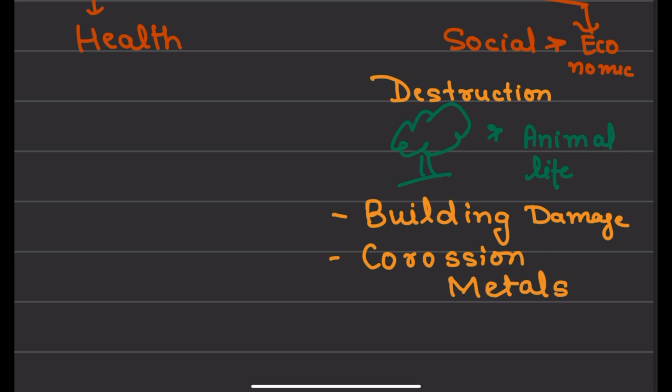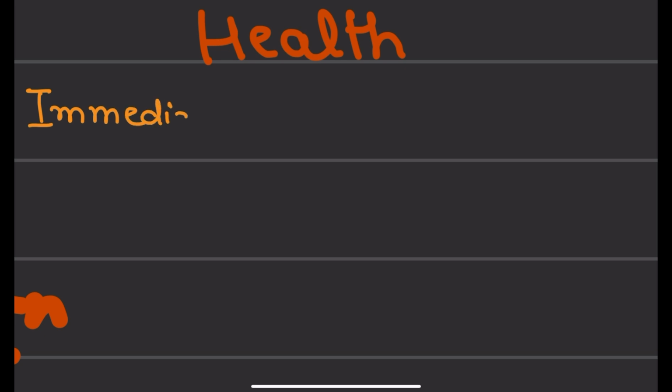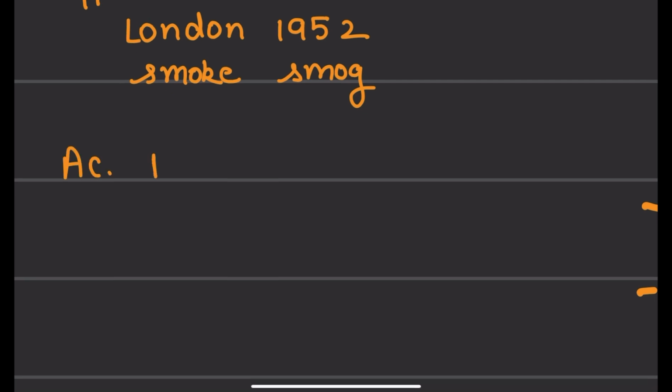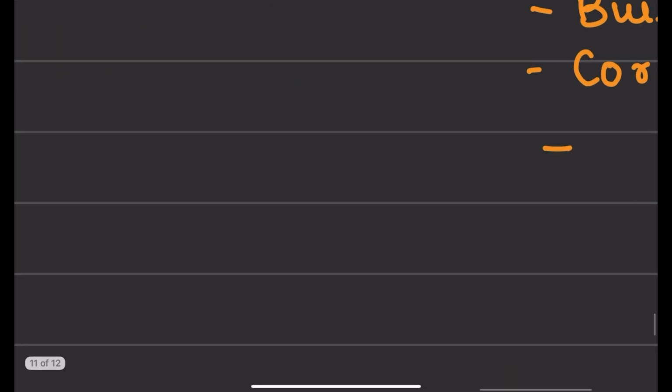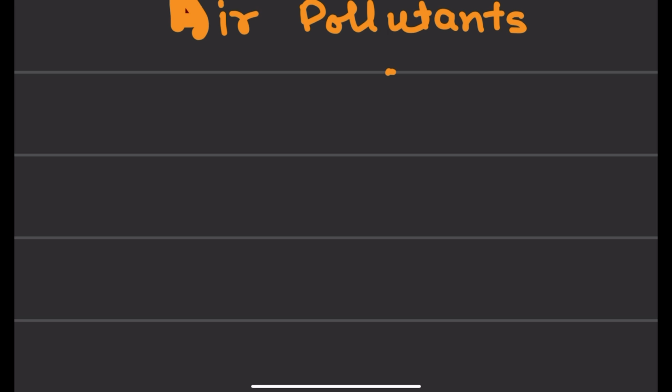In health, we have immediate effects, like suffocation, such as the smog in London in 1952 that caused suffocation, and then acute bronchitis. In delayed effects, chronic bronchitis, lung cancers, asthma, and COPD can occur.